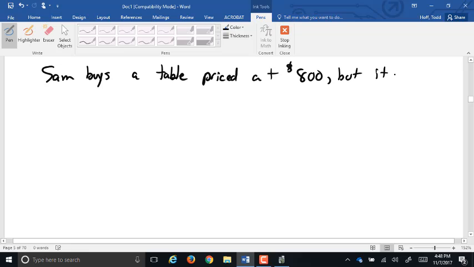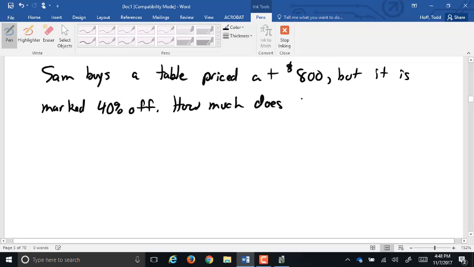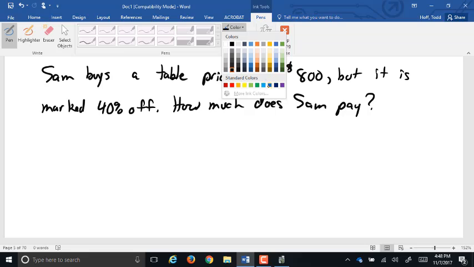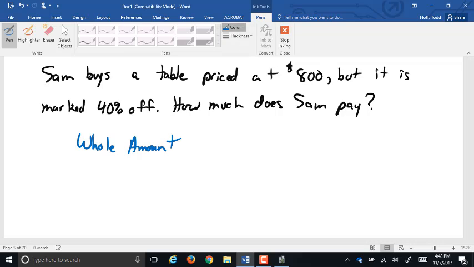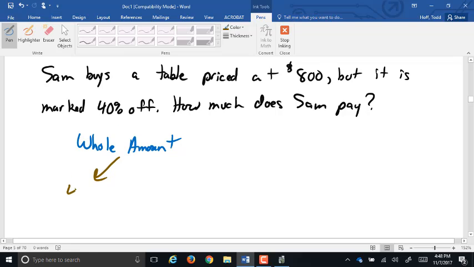But it is marked 40% off. How much does Sam pay? So here we have the whole thing, the whole amount. The piece that we're given here, the 40%, represents what?